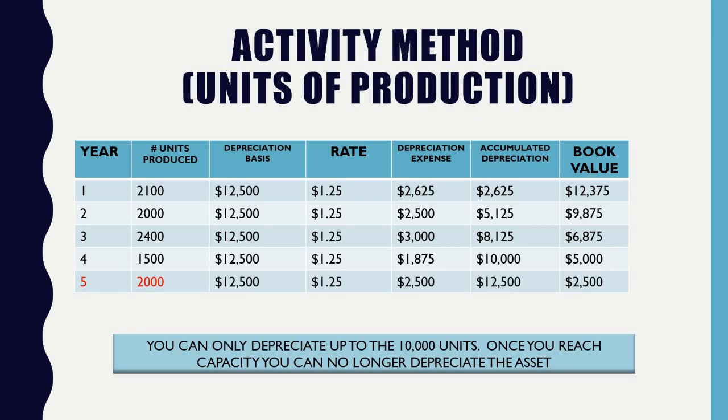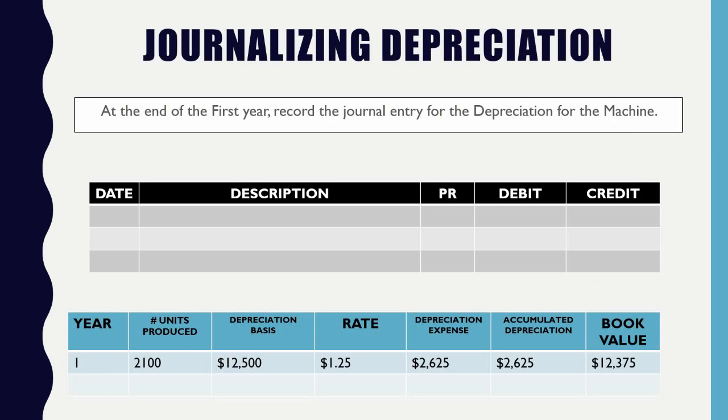No. Okay. So now we're going to talk about how we actually journalize it when we reach our total at the end. What do we do when we recognize depreciation? As I've mentioned before, it is going to be considered an expense because we used the item.